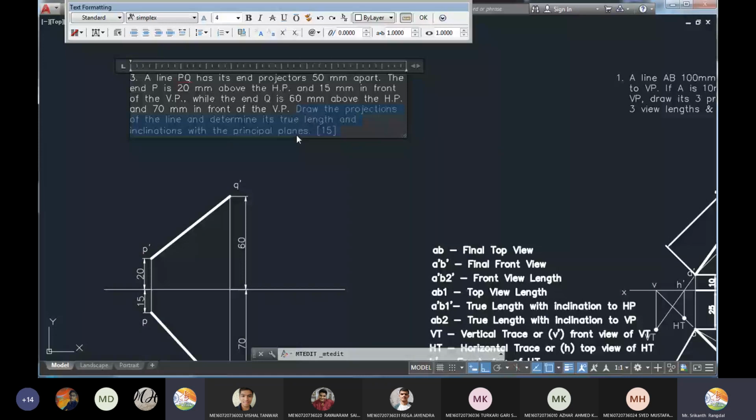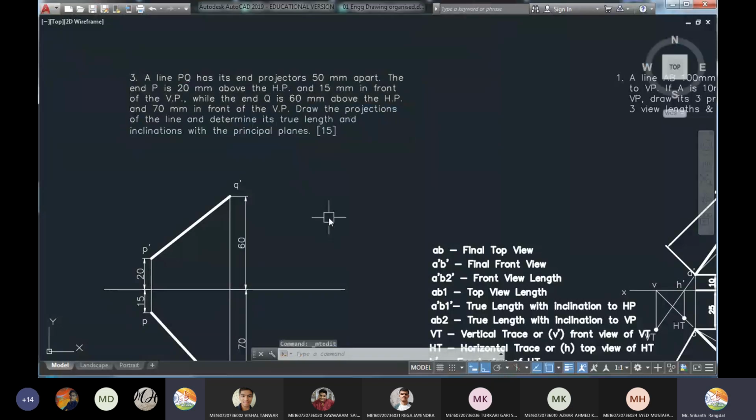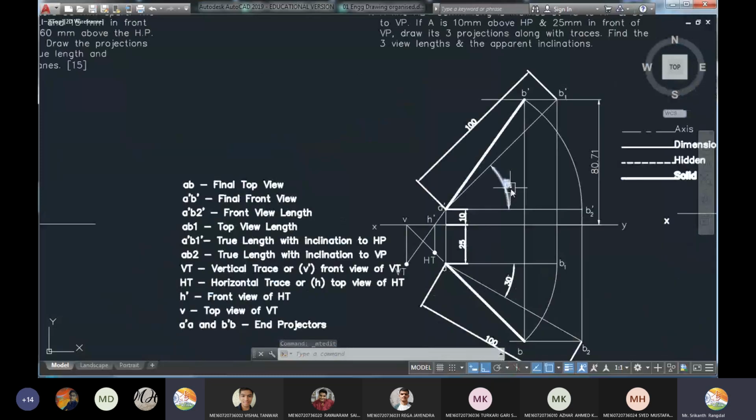Principal planes means HP and VP. So we have to find its true length and its true inclinations with the HP and with the VP. So here, this is the true inclination with HP. And this angle is the true inclination with VP.